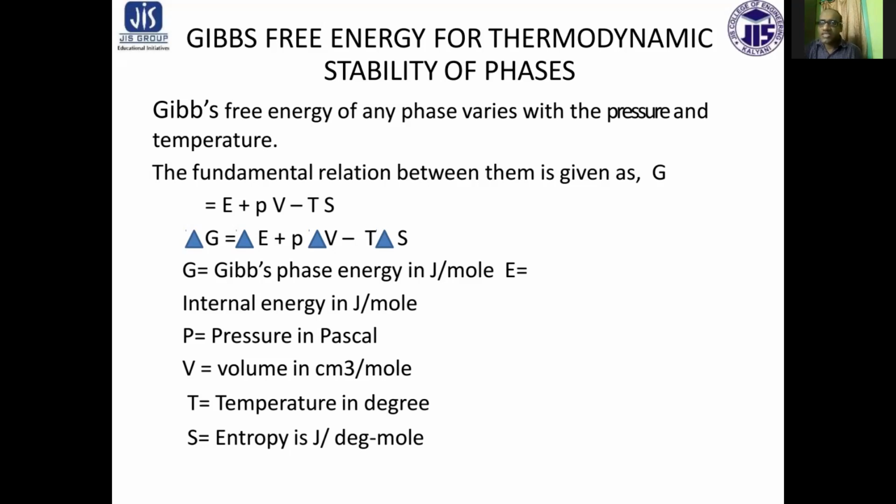We can write it in differential form as dG equal to dE plus P dV minus T dS, where G is the Gibbs free energy in joule per mole, E is the internal energy in joule per mole, P is pressure in Pascal, V is the volume in cubic centimeter per mole, T is the temperature in degrees, and entropy S is in joule per degree mole.